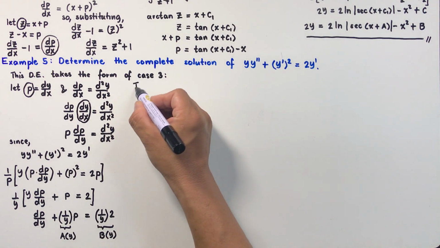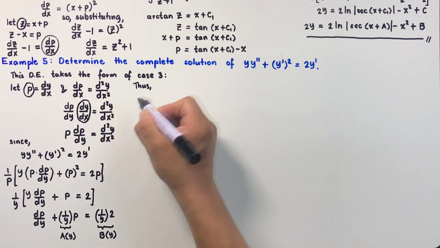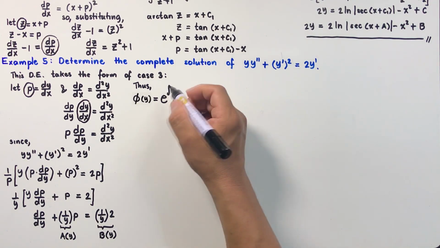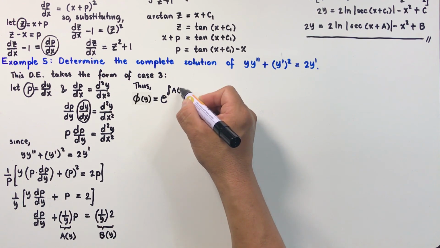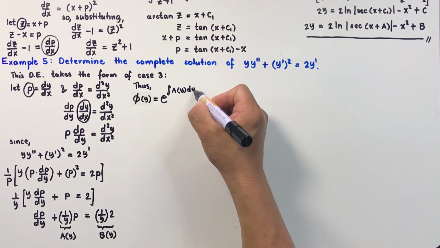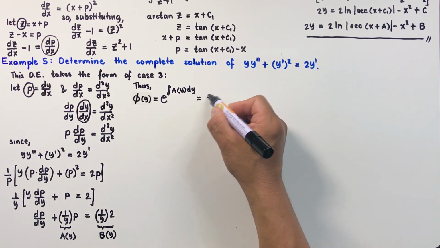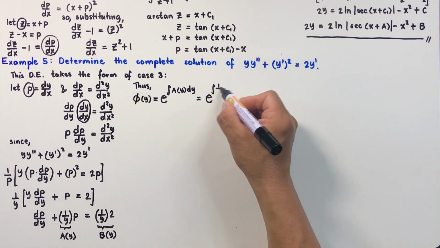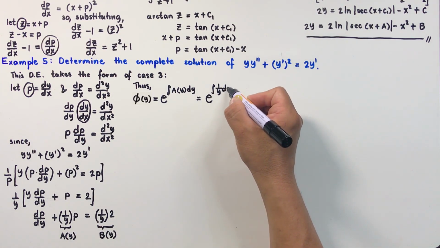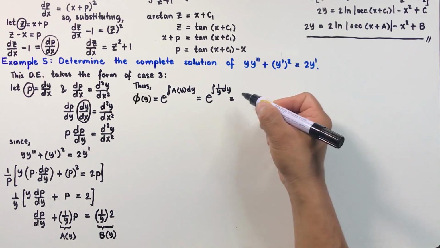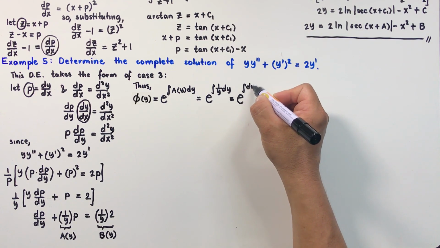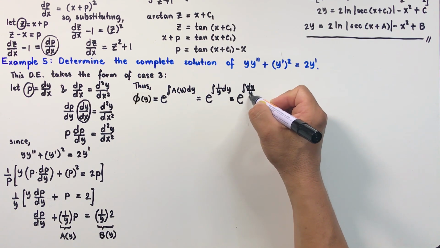Thus, our integrating factor, phi of y, is equal to e to the power of the integral of a of y dy, and a of y is 1 over y here. So we have e to the power of the integral of dy over y.